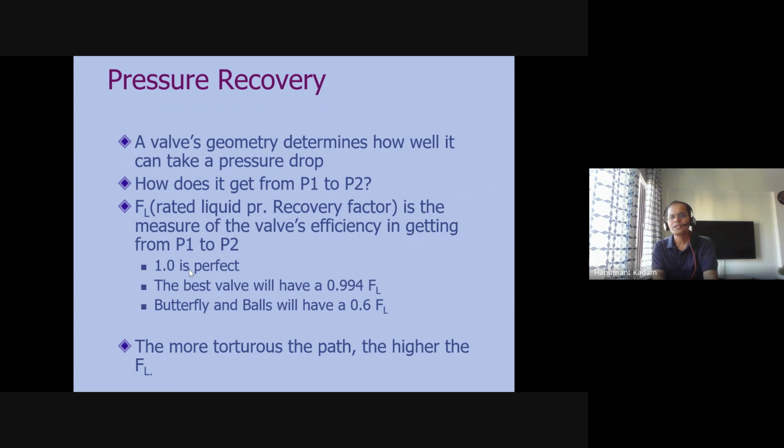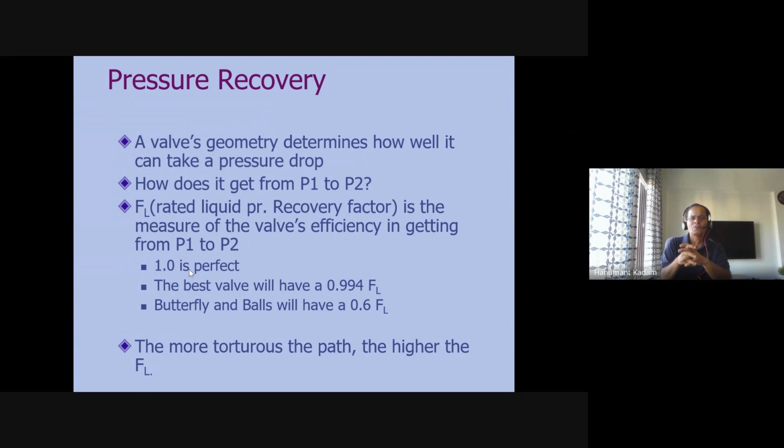The valve's geometry determines how well it can take a pressure drop. So the main thing is the pressure drop: how does it get from P1 to P2? P1 is your valve upstream side pressure, and P2 is your downstream side pressure. FL is the rated liquid pressure recovery factor, a measure of the valve's efficiency in getting from P1 to P2.